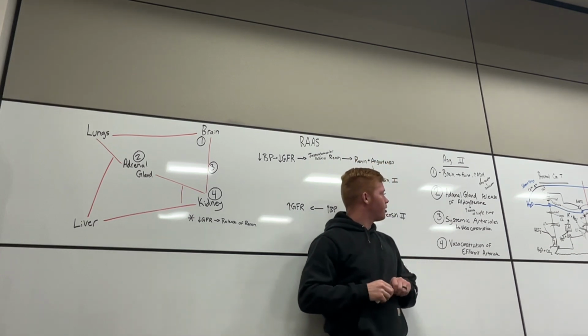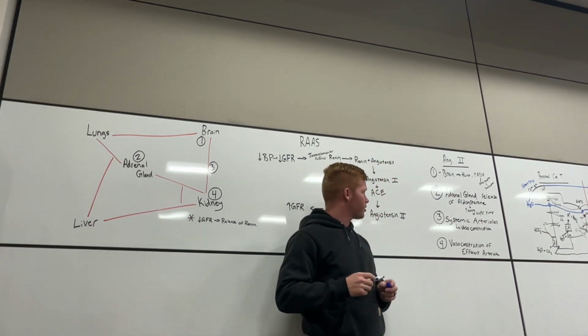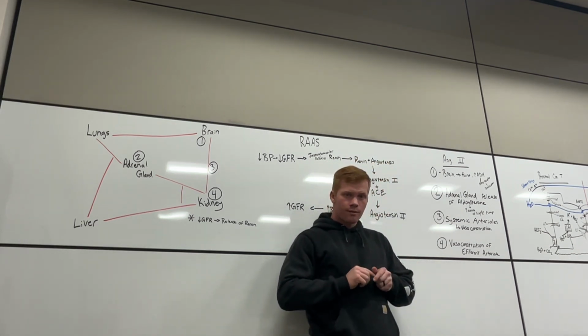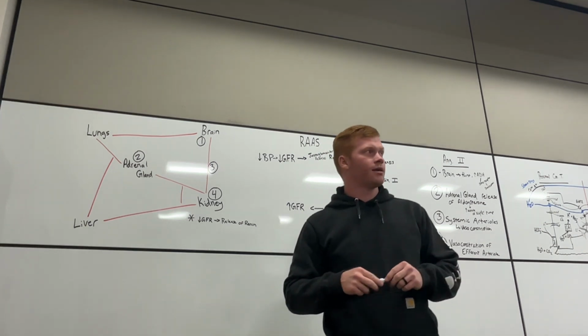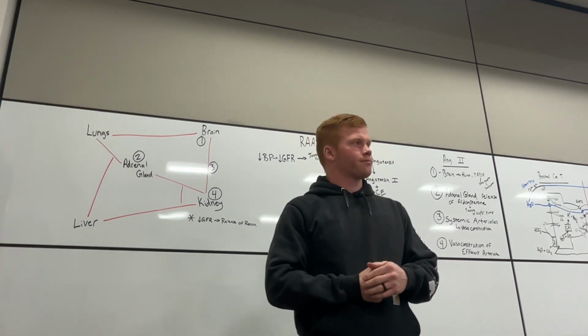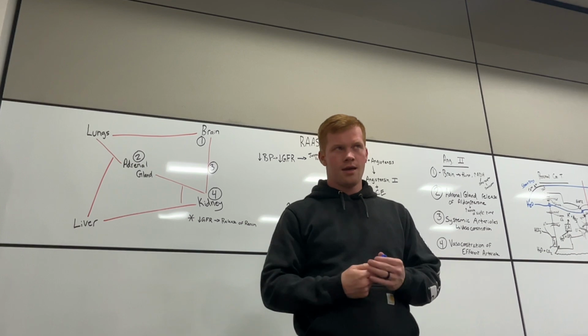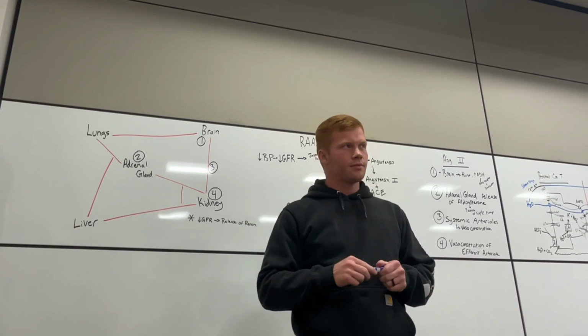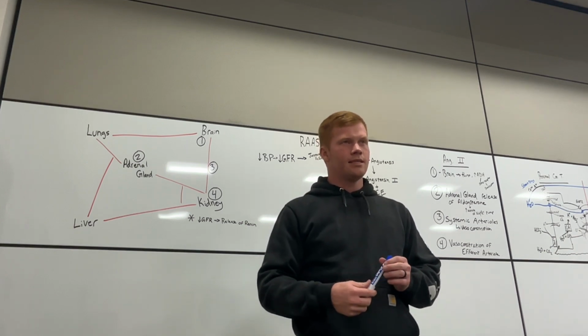ADH involves something called an osmoreceptor and a baroreceptor. The osmoreceptor, I'm trying to remember what it was, I just read about it today, is within the brain, and it has these vessels.